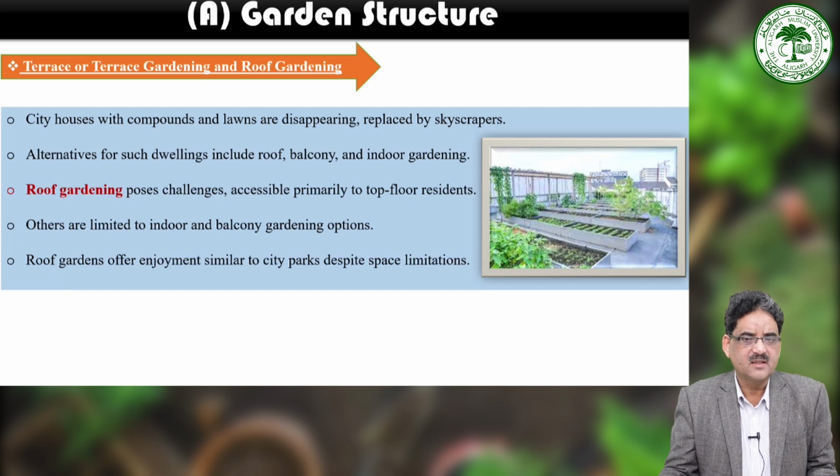But roof gardening becomes a problem as only the top floor resident may have access to the roof. Others will have to depend only on indoor and balcony gardening. However, roof gardens also provide the same enjoyment as city parks and gardens.